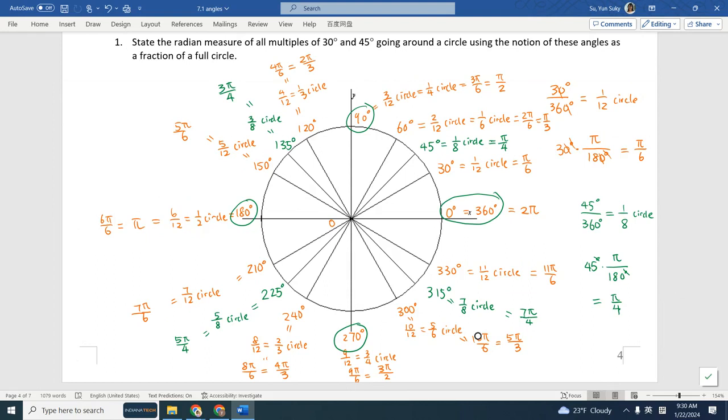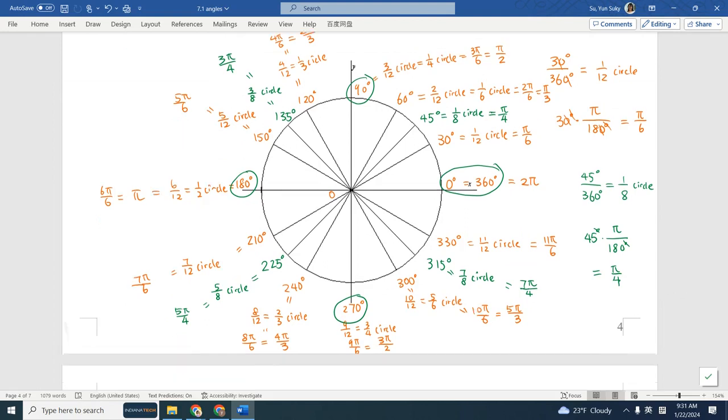Multiples of 30 degrees and multiples of 45 degrees. Right? So be familiar with this circle. Any questions about this circle? No? Okay. So find the pattern. Start from 30 degrees and then you add multiples of it. And then start with 45 degrees and add multiples of it.